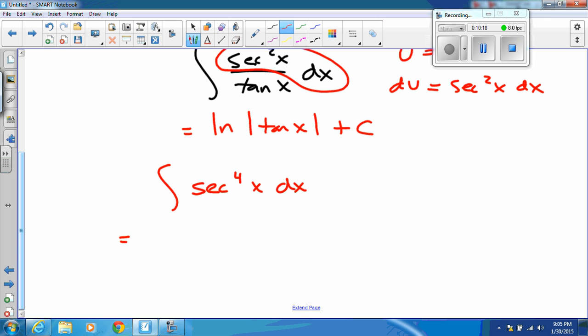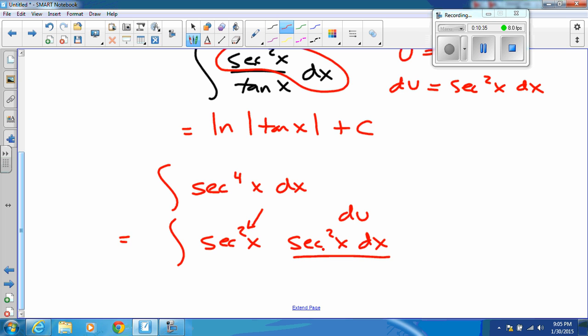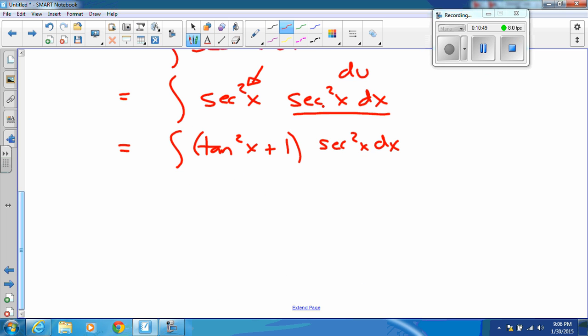Likewise, if I have something that looks more sophisticated, like the integral of secant to the fourth x dx, then I can reserve for myself a du, find that du, and I have secant squared x left over. Because secant squared x is the derivative of tangent x, I know that I want to convert all of these factors here into tangents. And I'm going to use that with, you guessed it, the Pythagorean identity.